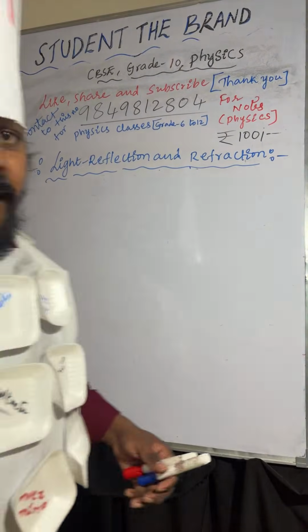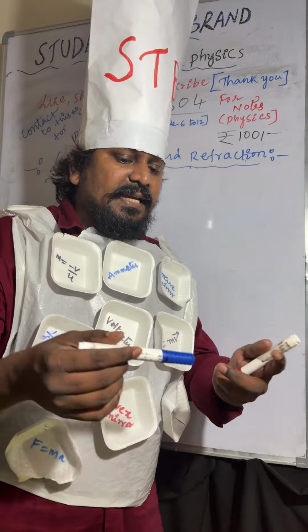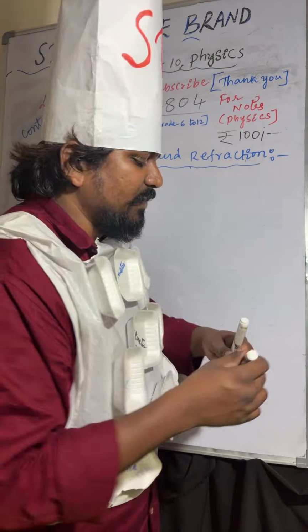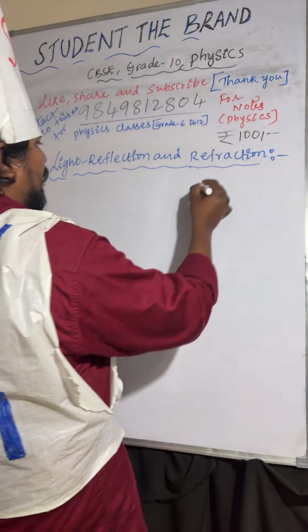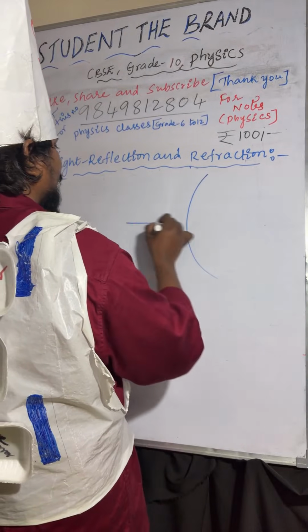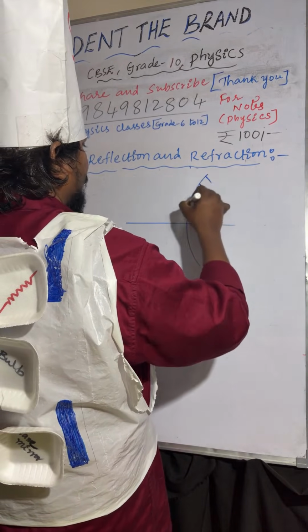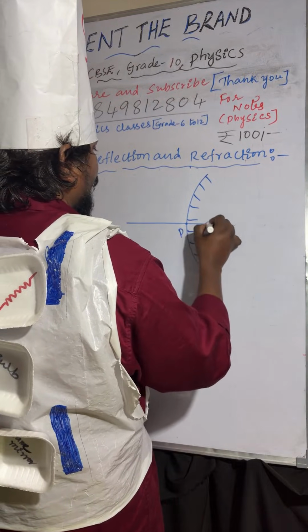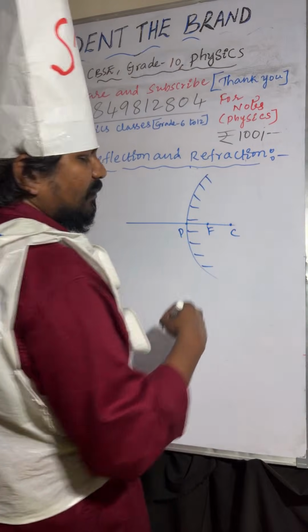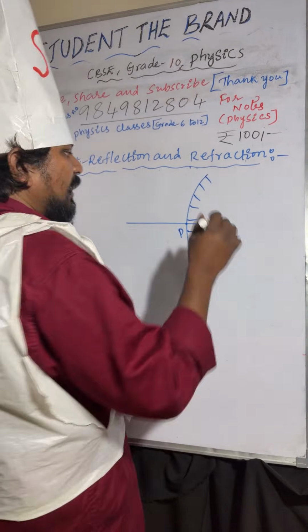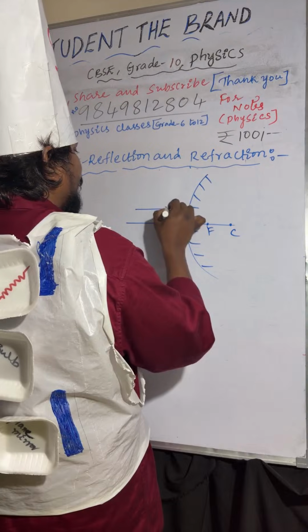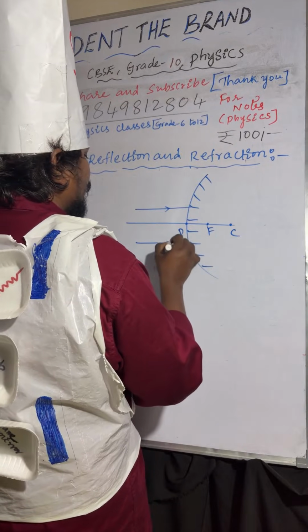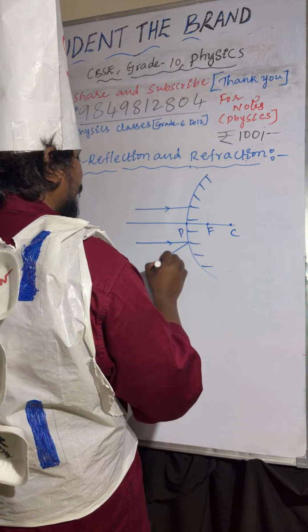In a convex mirror, only two cases are there. Case number one. This is the convex mirror, with the pole, focus, and center of curvature. Light rays are coming from infinity, and after reflection those light rays move away from it.